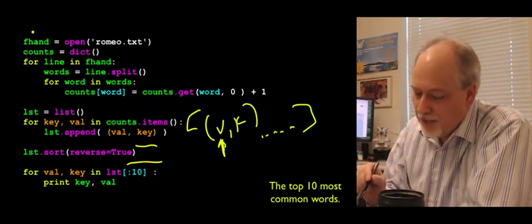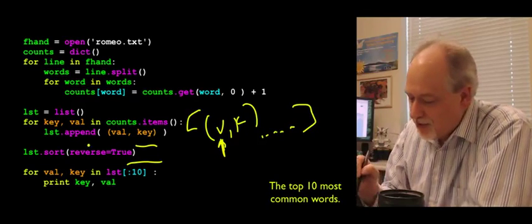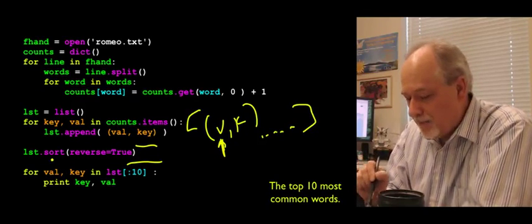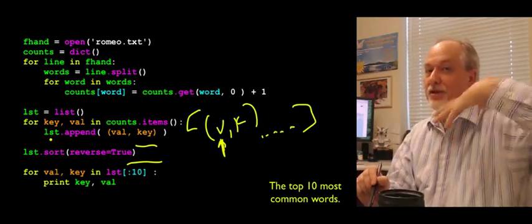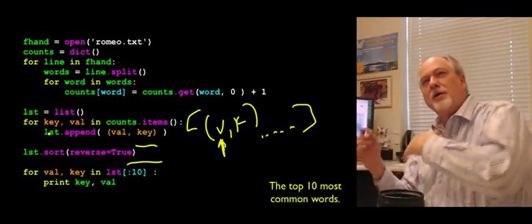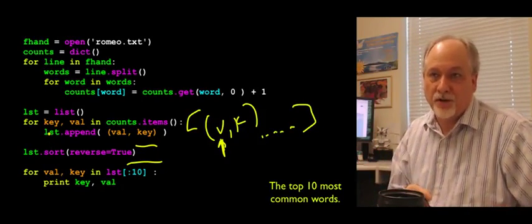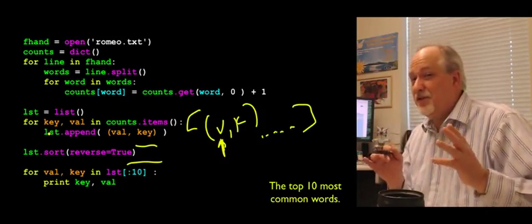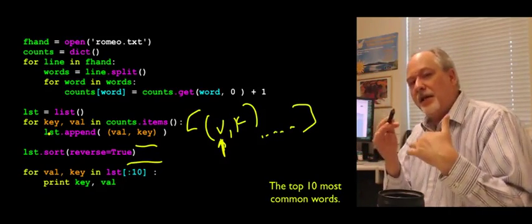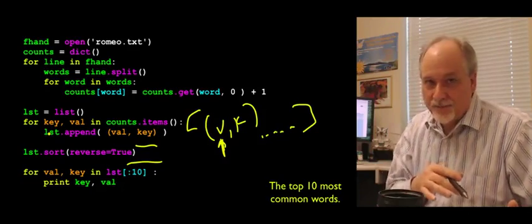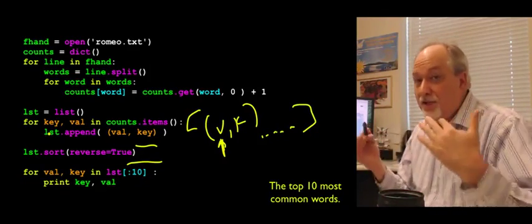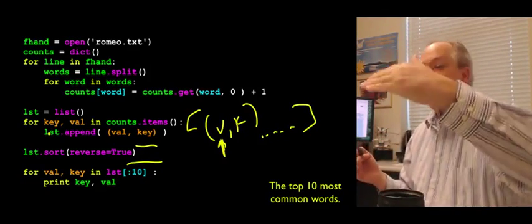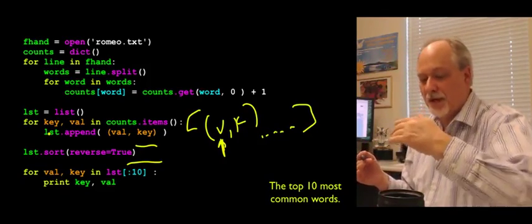This is a good example of how we go through some work. We get a data structure, a list, the way we want it, and now we can leverage the built-in sort. We had to prepare a list so we could use the built-in sort. We could do this by hand, but it'd be very difficult. But it's easier to say, I think I'll make a list, and then I'll sort it. Okay, so I made two lists basically. I made the original one. Now I made this one just for the purpose of sorting.